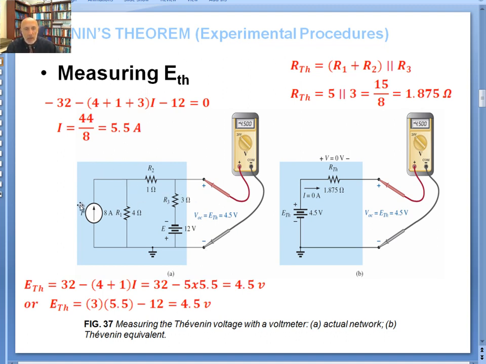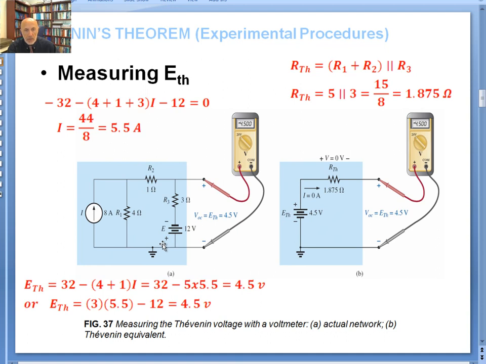But if you want to calculate it, it's easier to just do a source transformation here. 8 times 4 is 32. So you've got plus or minus 32 volts here with 4 ohms connected in series with it. So if you go around that loop, minus 32 plus the current times 4 plus 1 plus 3, minus 12 volts.